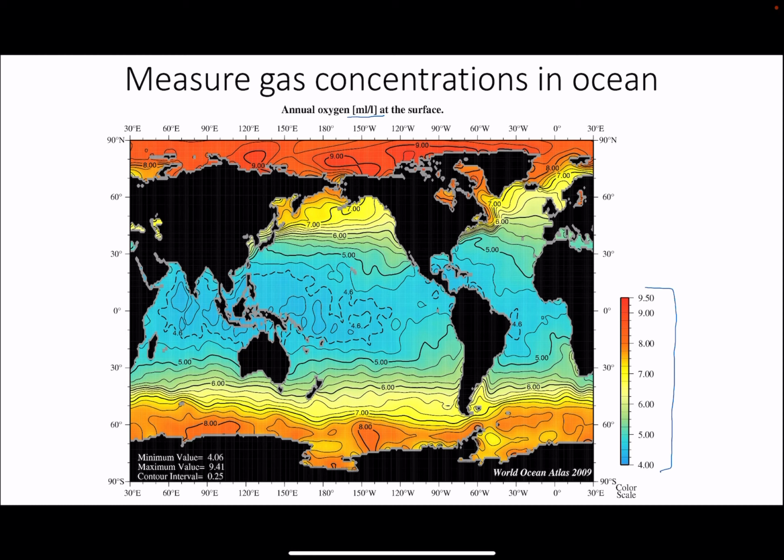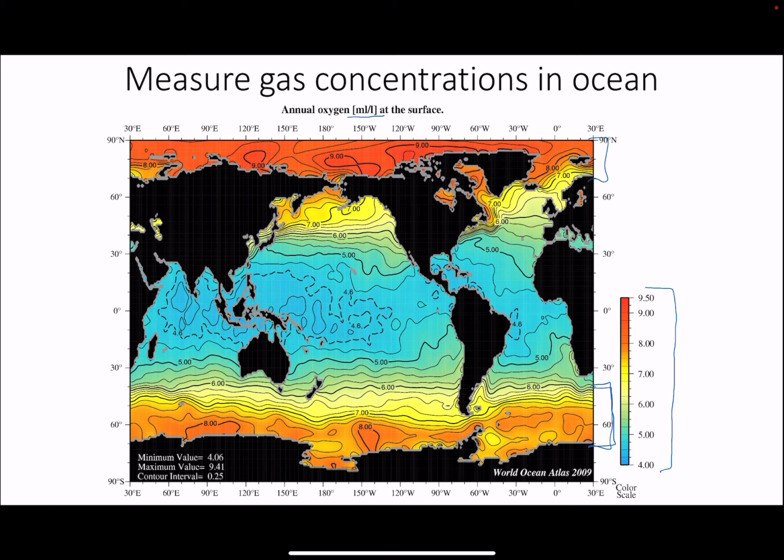So in general, we've got lower surface ocean oxygen concentrations in the low latitudes and then increasing to the high latitudes. So based on what I just told you, salinity in the surface ocean varies a little bit, but not a ton. But surface ocean temperatures definitely vary quite a bit. And so what you're seeing here is the temperature effect. So these cold waters in the higher latitudes are capable of holding more gas.